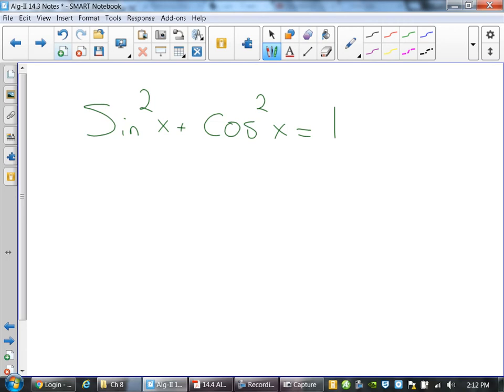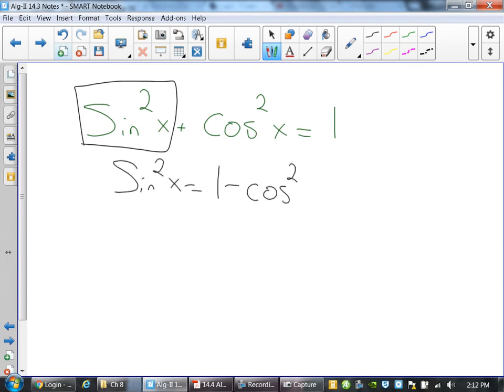All right? Now, what that means is that you could get sine squared by itself. How? Very good. Which means I can manipulate this and say sine squared of x equals 1 minus the cosine squared. And I can do the exact same thing by getting cosine squared by itself.